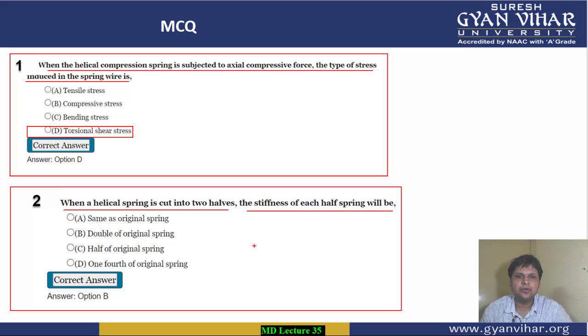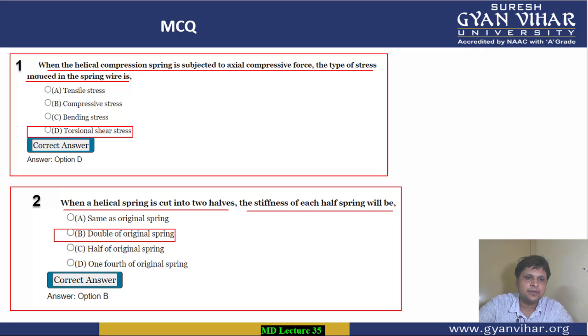Alright, so K is equal to K1 plus K2. So basically the stiffness of the whole spring will remain the same, and when you have the half of the spring, the stiffness of both of the halves will be double.